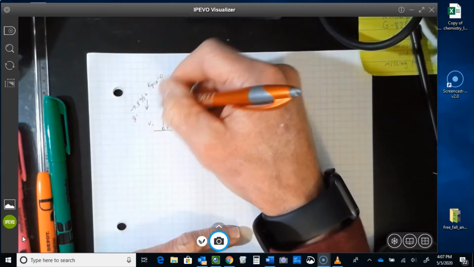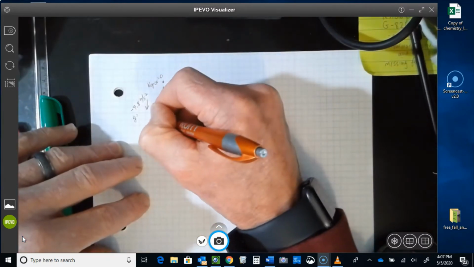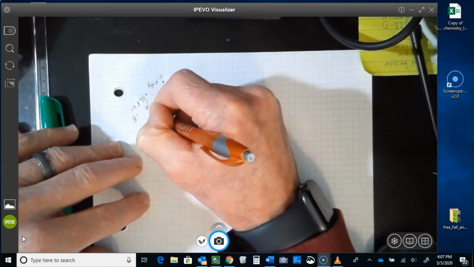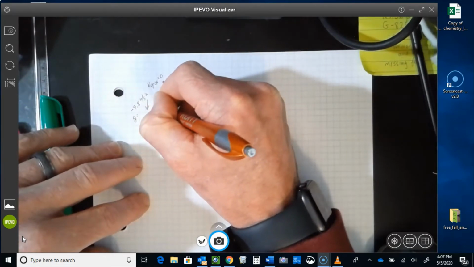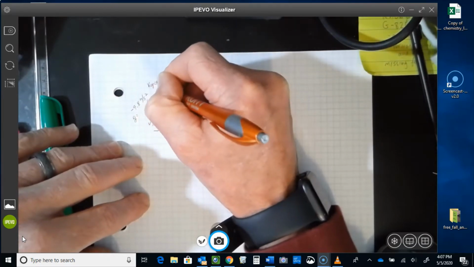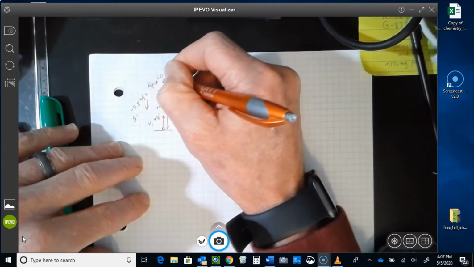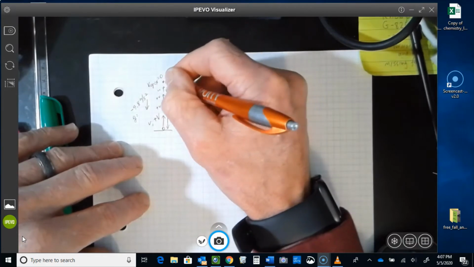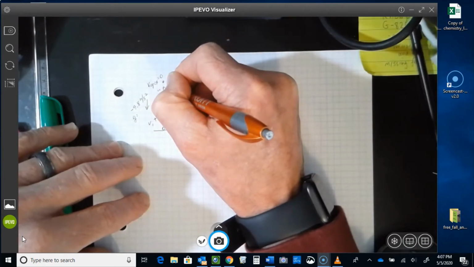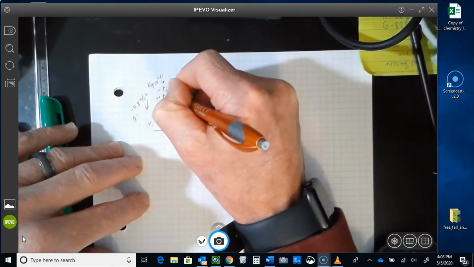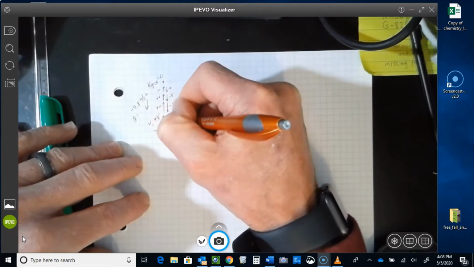So these velocity vectors on the way up are positive. They're going to start off large and get smaller and smaller. And then there'll be a point here, the apex we call it, where the velocity is 0. And then our velocities are negative on the way back down.